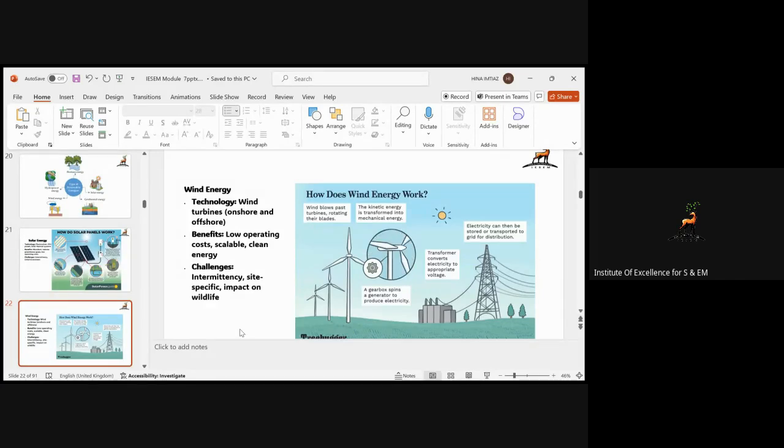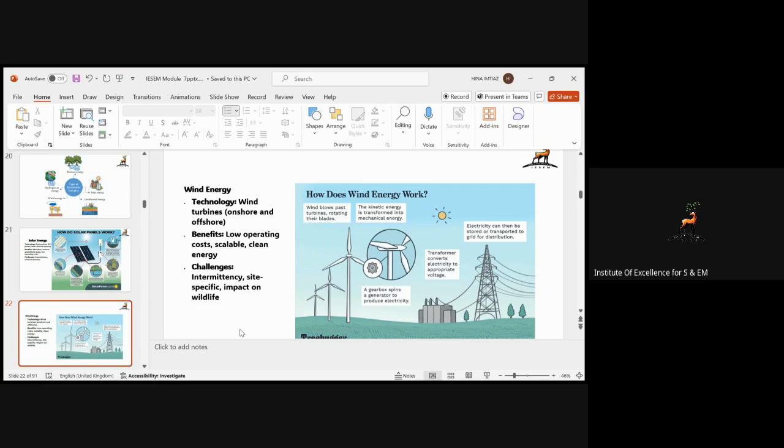So this mechanical power can be used for specific tasks such as grinding grain or pumping water, or a generator, which can convert this mechanical power into electrical energy. So a wind turbine turns the wind energy into electricity using the aerodynamic force from the rotor blades.